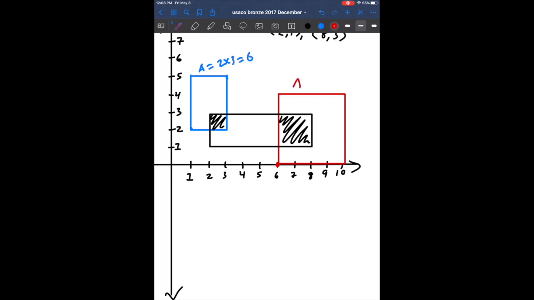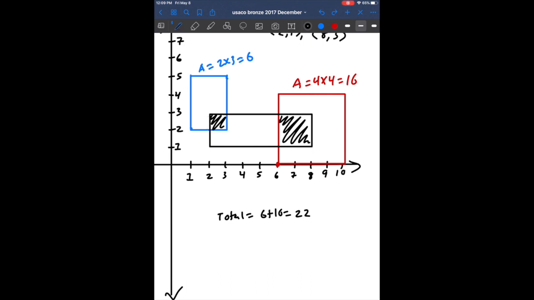The area for this one will be 4 times 4 equals 16. So the total area is 6 plus 16, which is 22. Now all we have to do is find the area of this intersection and this intersection, add these two together, and subtract that from the total area.